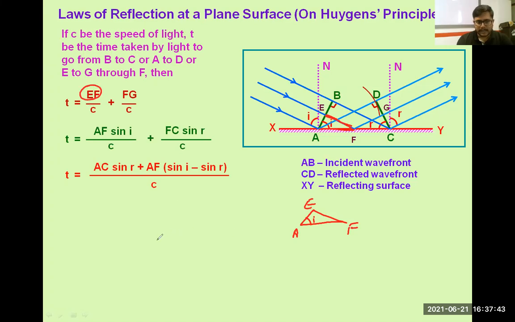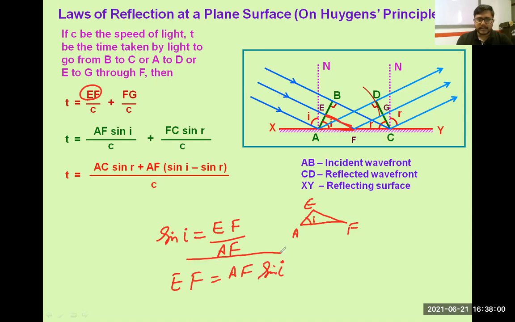What is sine I? Sine I is equal to perpendicular, that is EF, divided by hypotenuse, which is AF. So we can easily write that EF is equal to AF sine I. This is nothing but simple geometrical analysis, so please try to understand the geometry here.